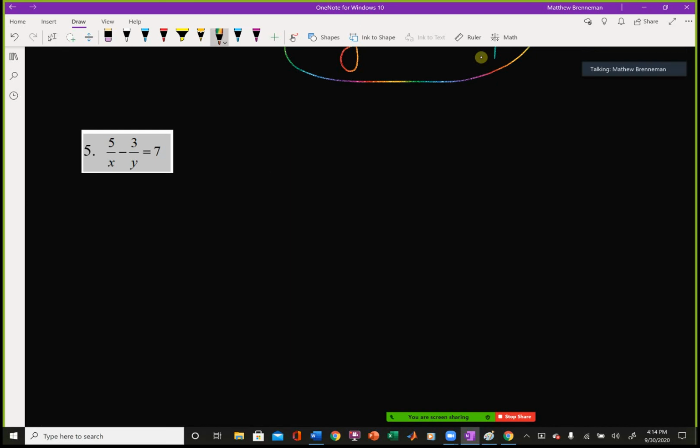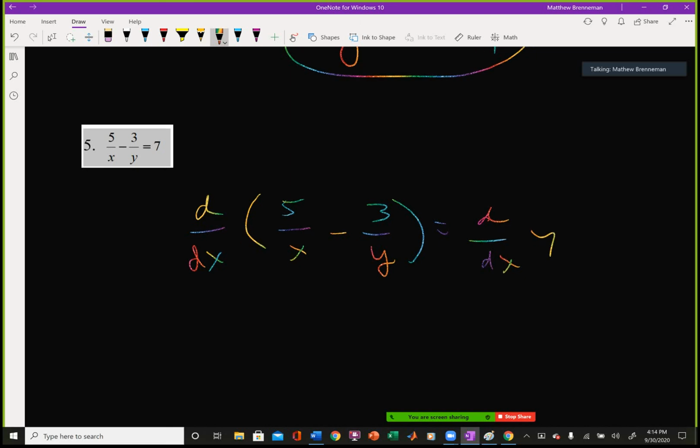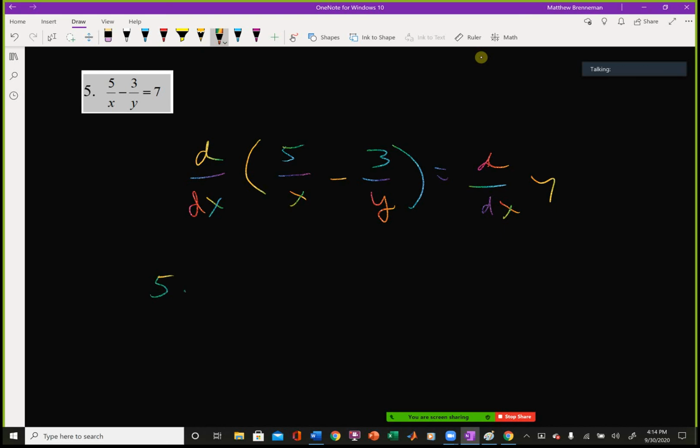Okay, so take the derivative of both sides with respect to x. I'm going to go ahead and distribute, and take out my factors here, right? My scalar factors. Okay.